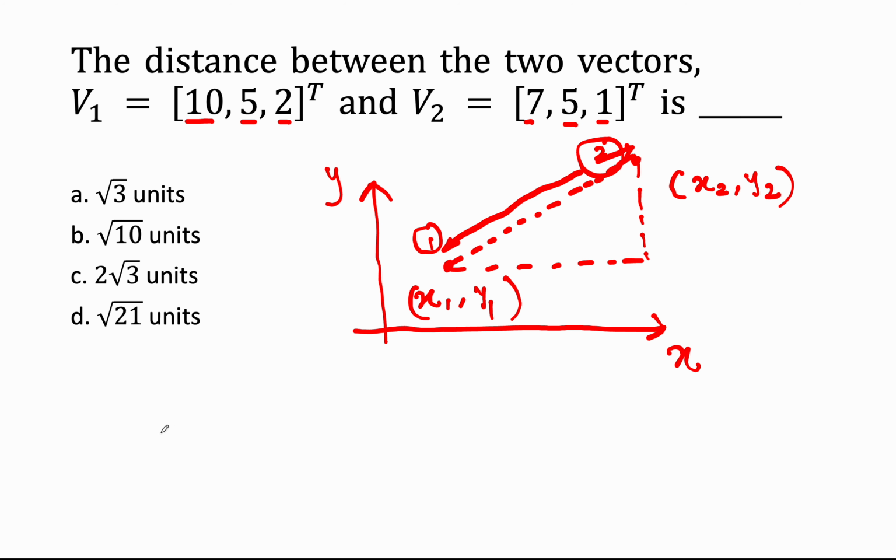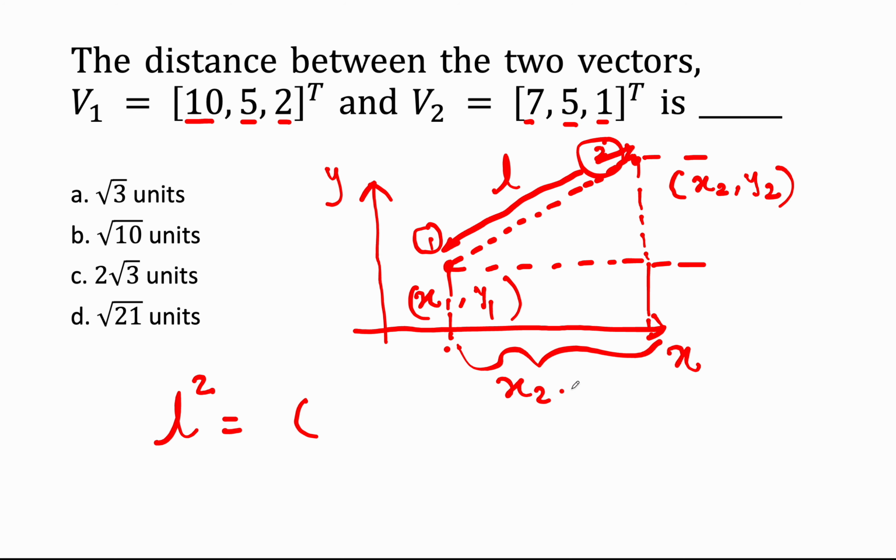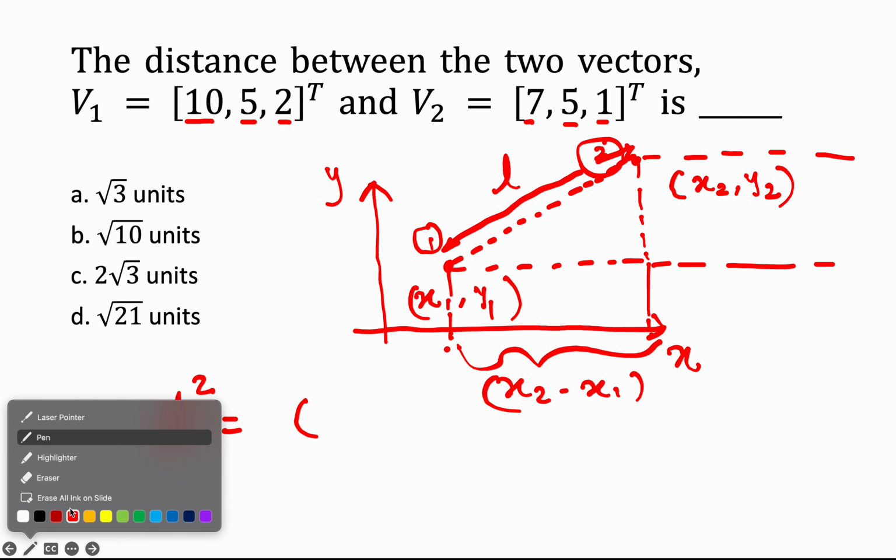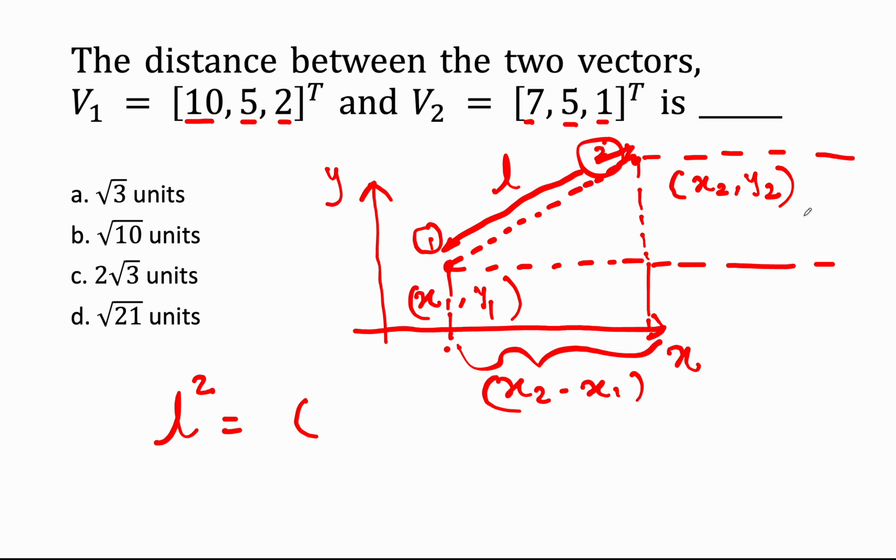So length square is equal to this distance x2 minus x1, and this is y2 minus y1.